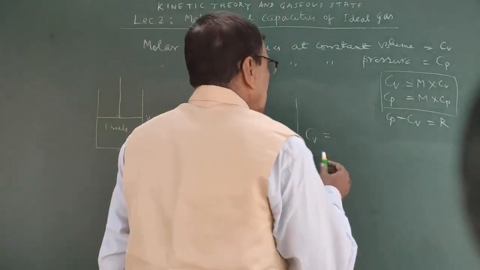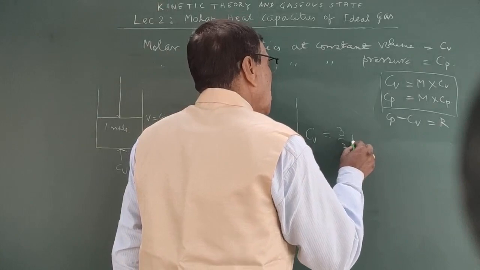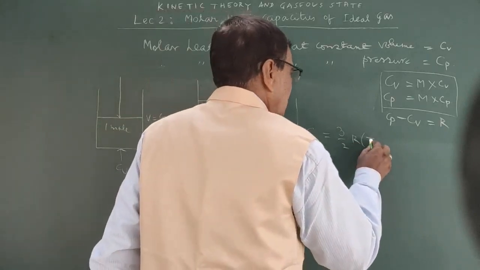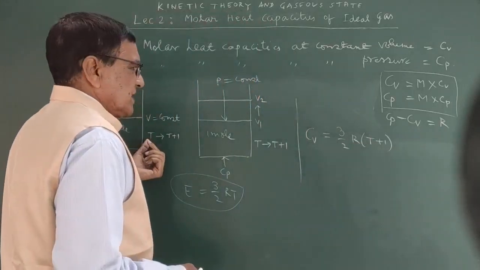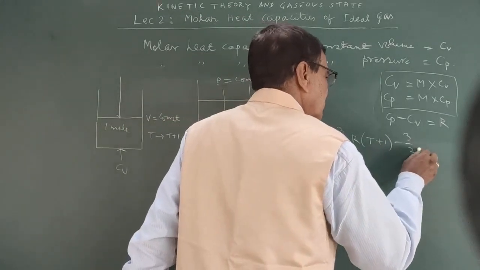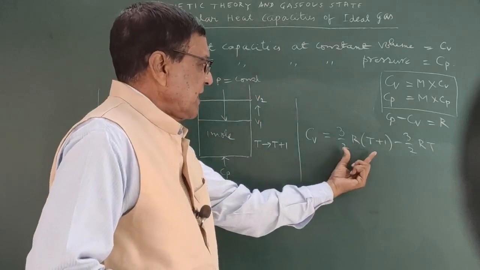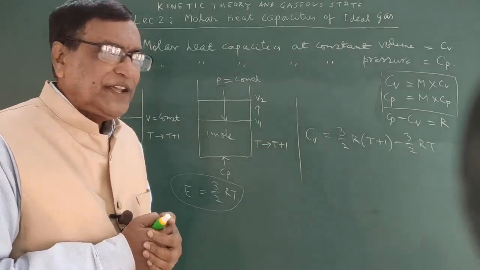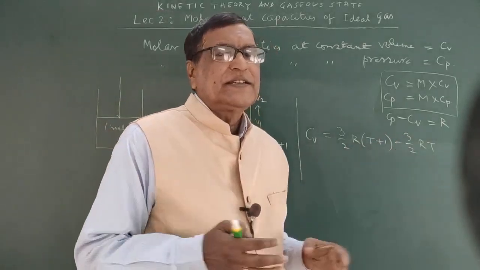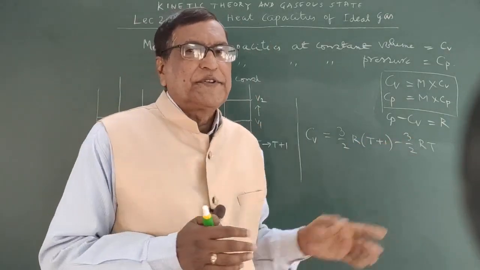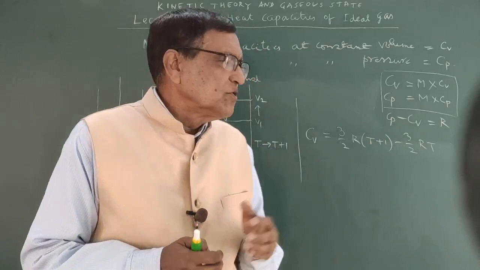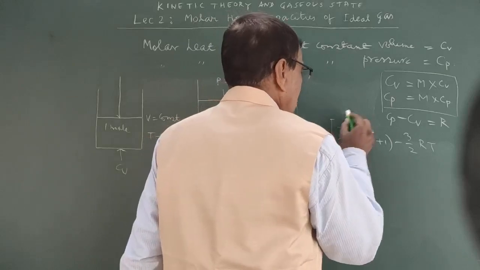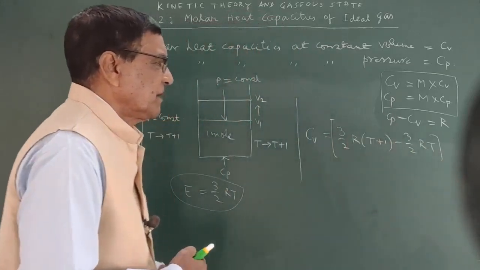So this is Cv equal to 3 by 2 R times final temperature T plus 1 minus initial temperature T, that is 3 by 2 R. This is the kinetic energy at temperature T plus 1 when the temperature is increased by 1 degree, and 3 by 2 RT is the kinetic energy when the temperature was T. So this is the amount of heat required to raise the temperature by 1 degree.